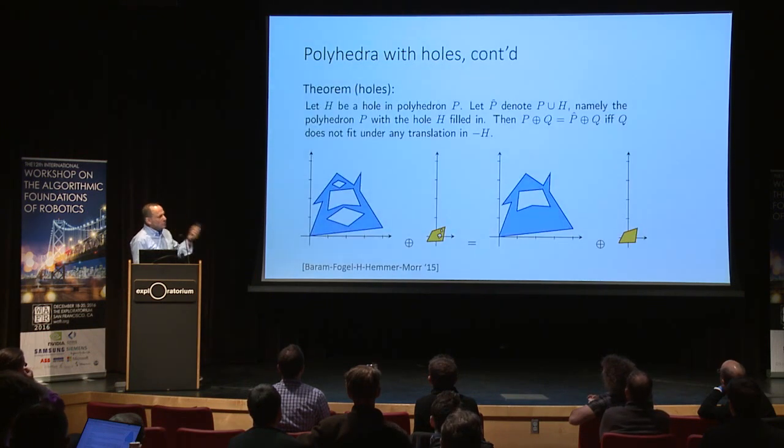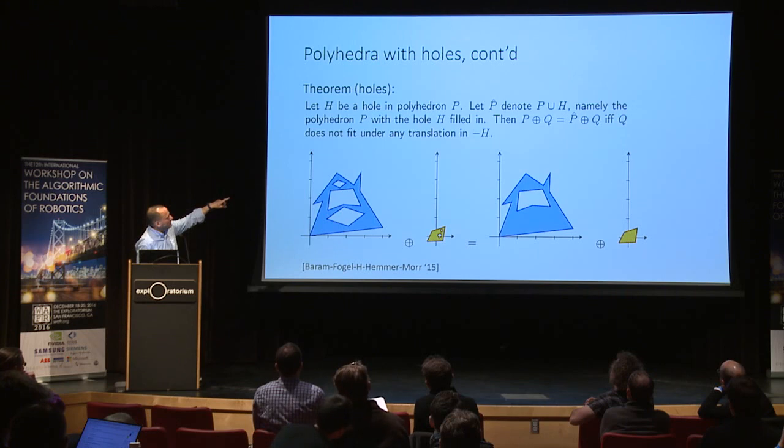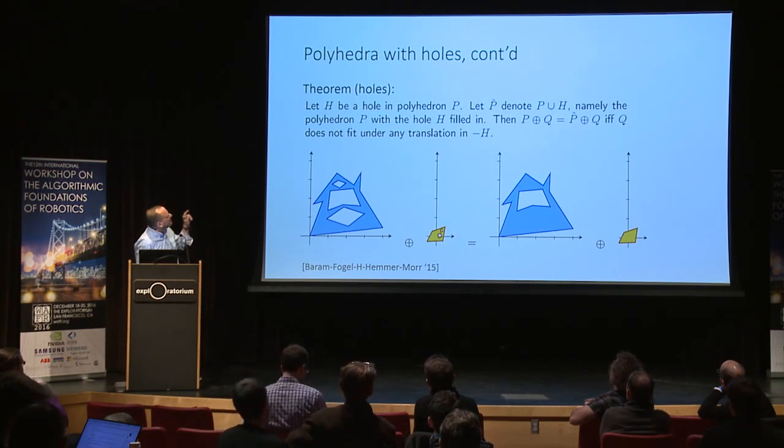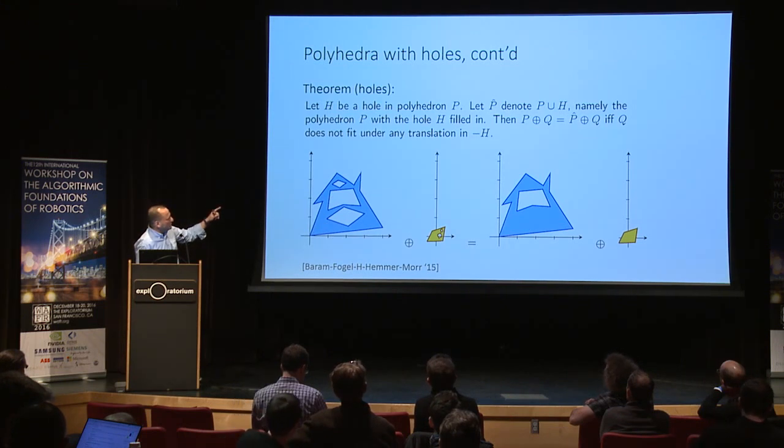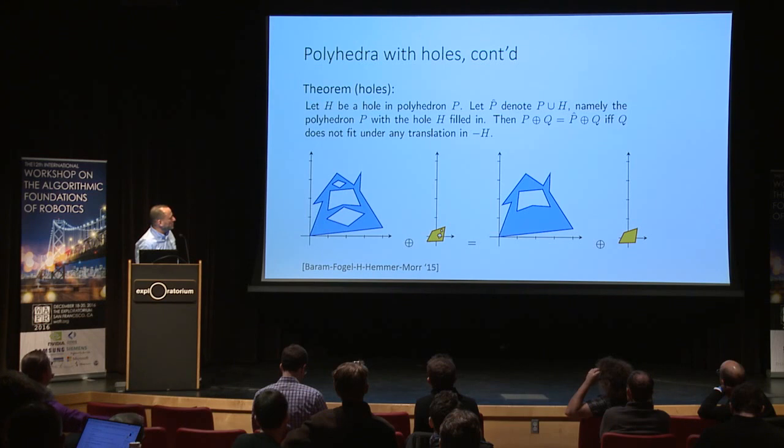So the actual underlying theorem is that I have a hole h in a polyhedron p, and I denote by p hat the polyhedron with this hole filled. Then the original Minkowski sum of p and q and the Minkowski sum of p hat and q are the same if and only if q doesn't fit under any translation in minus h, in a reflected copy of h around the origin.